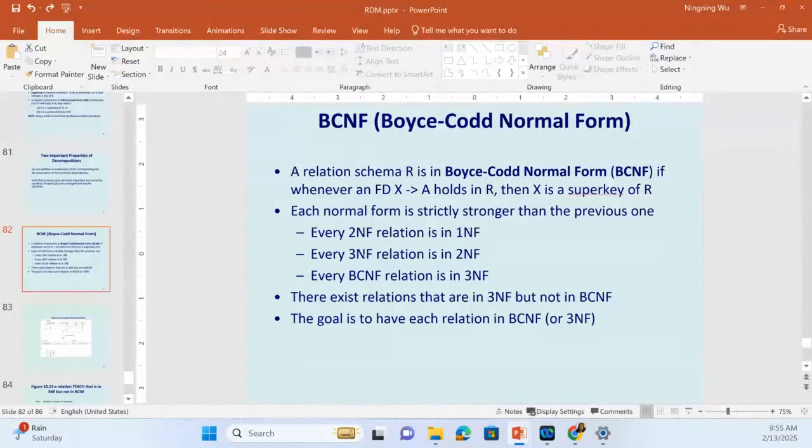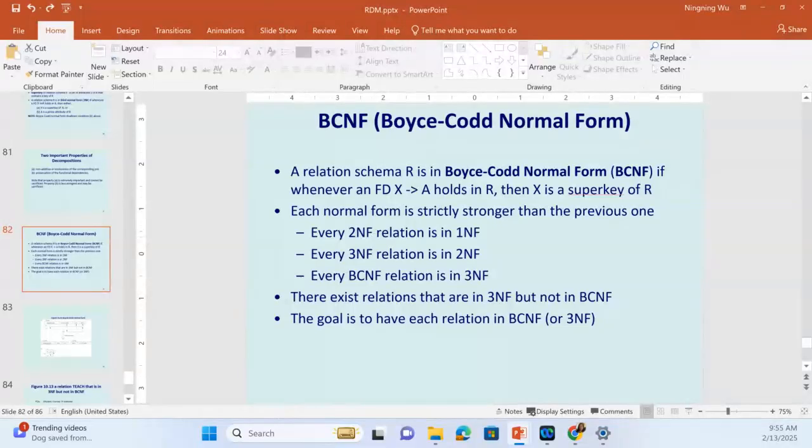Then every 3NF relation must be in 2NF, because according to the 3NF definition, a relation schema in 3NF must be in 2NF, meaning no partial functional dependency, with the additional condition of no transitive functional dependency. So 3NF does not allow partial or transitive functional dependency. Both are not good and cannot appear in a 3NF schema.